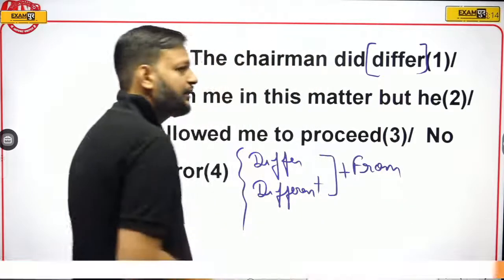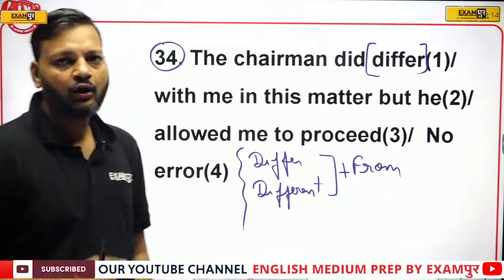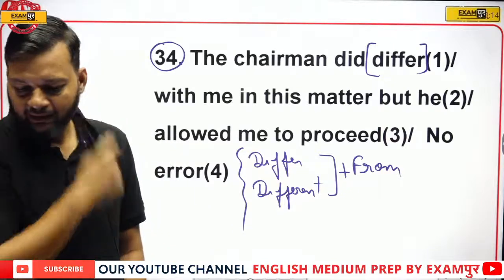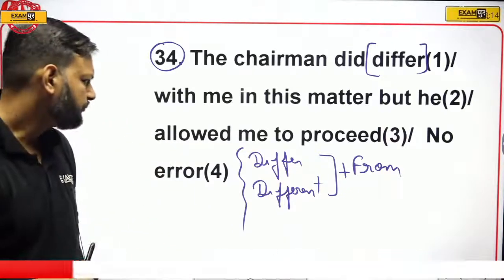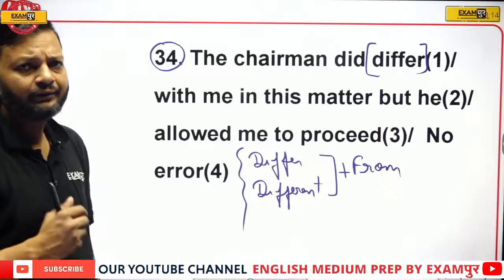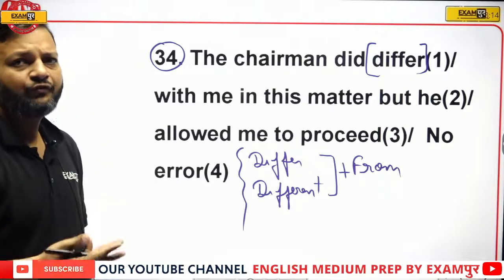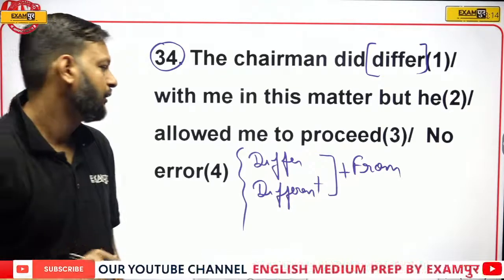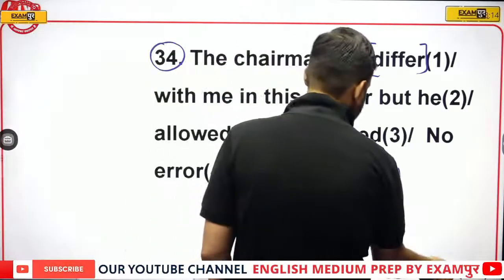Okay. Whether it is differ or it is different, both the words are always followed by from. Okay. Now, questions are often asked using with or than, with differ and different respectively.